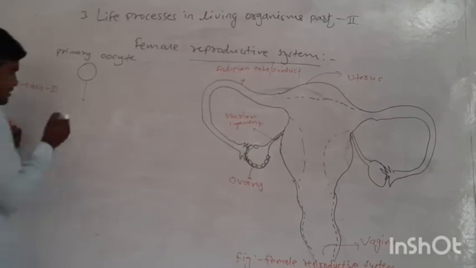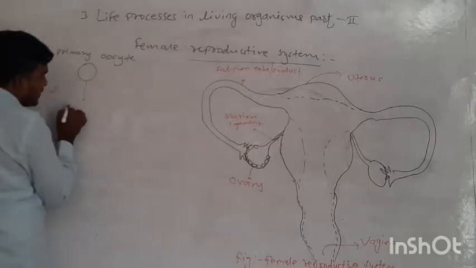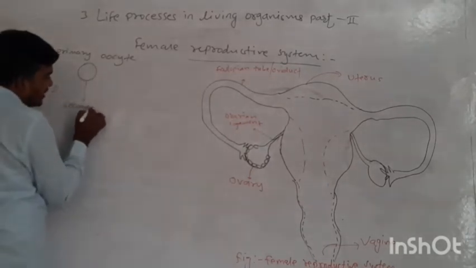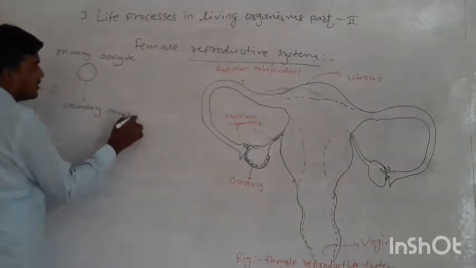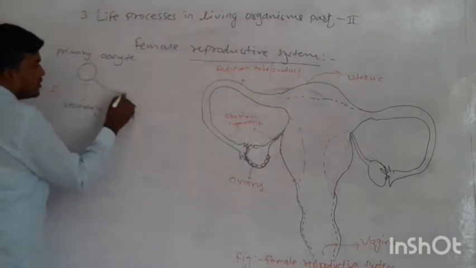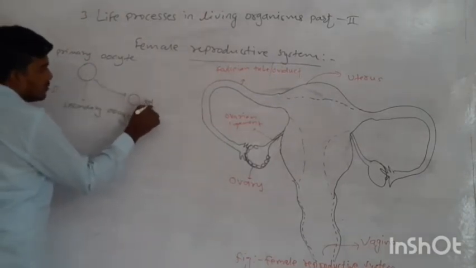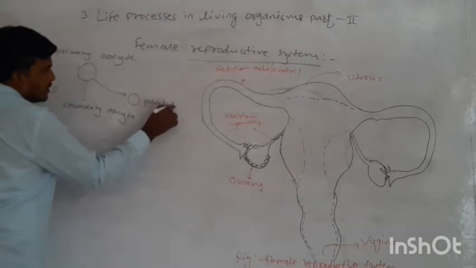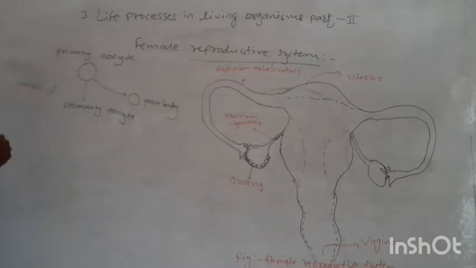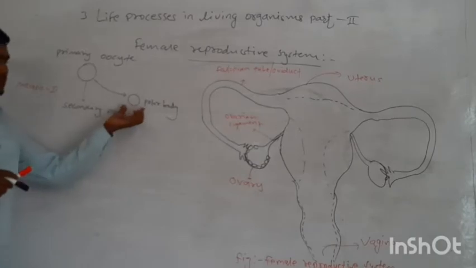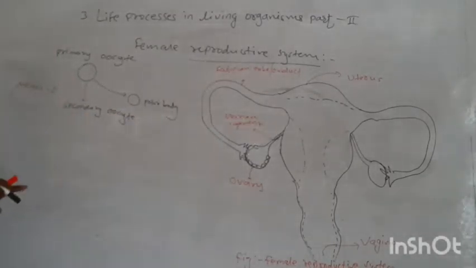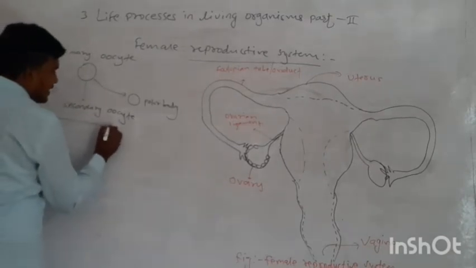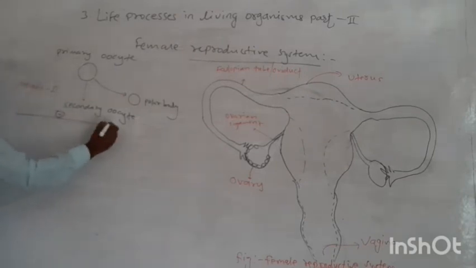In this stage, the primary oocyte is converted into a secondary oocyte, with the formation of a polar body. During this process, polar bodies are formed along with the secondary oocyte. Okay, now again this cycle is arrested here. This is the symbol of arrest.